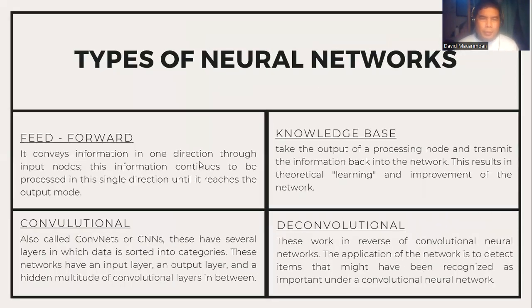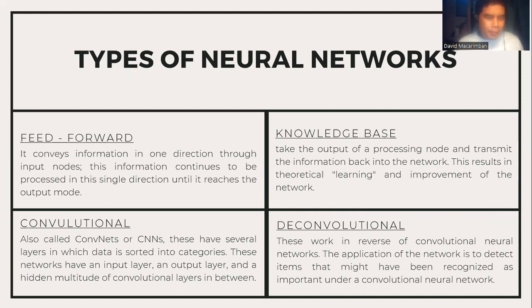Types of neural networks, we have the feed-forward, convolutional, knowledge-based, then convolutional. In feed-forward, also known as the deep feed-forward networks or multi-layer perceptron.